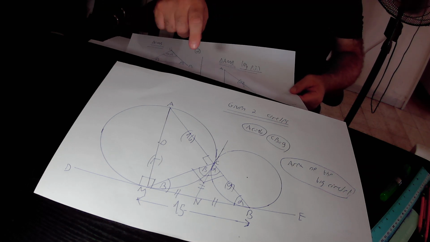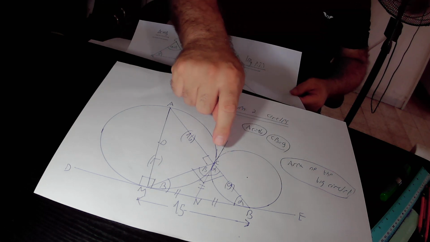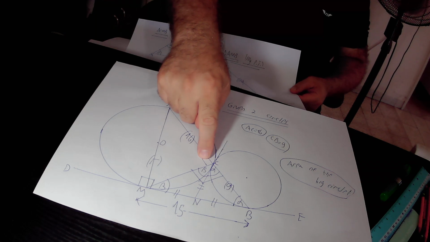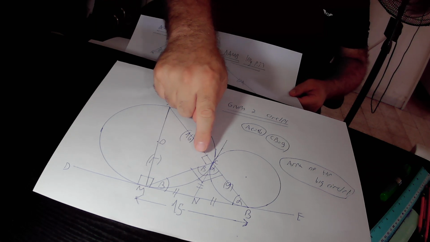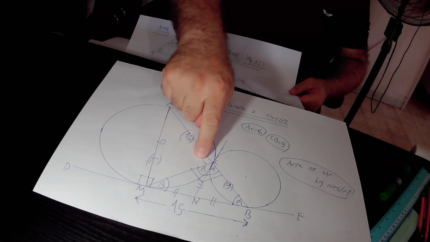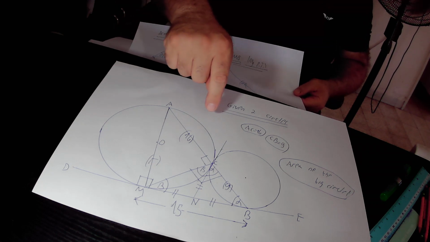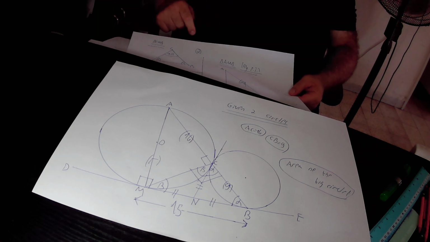We have this angle that is the right angle plus this missing angle. In total, they must be equal to 180 degrees. Therefore, this missing angle must be equal to 90 degrees. So angle ACM is a right angle.